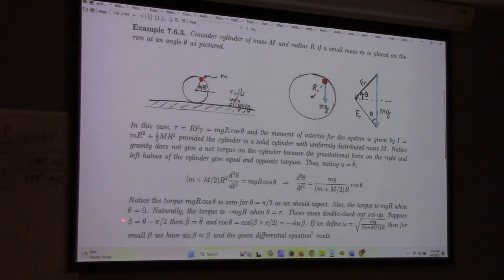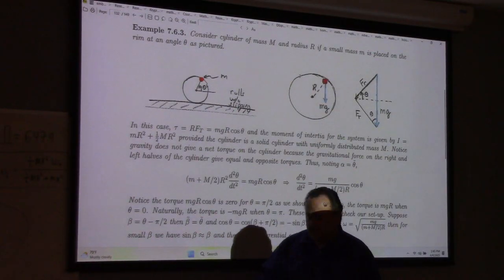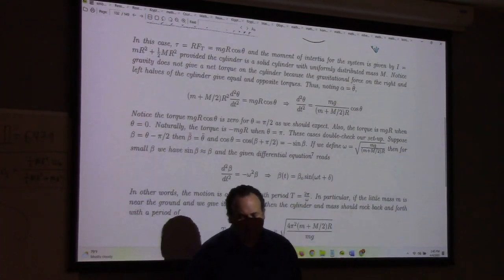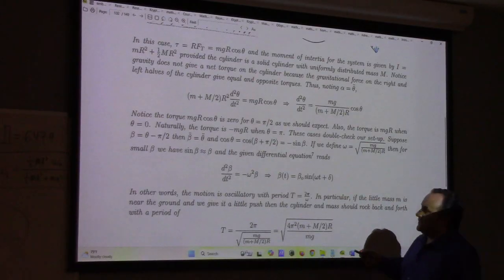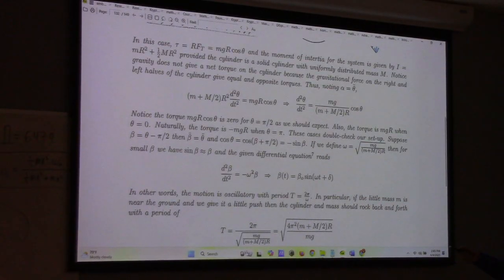Anyway, so if we do the math, we get beta double dot is theta double dot, and cosine of this shifted by pi over 2, beta, gives me minus sine beta. And so what this all means is if we shift the angle like that, we find our way to the differential equation minus d squared beta dt squared equals minus omega squared beta, where we're using the small angle approximation for sine.